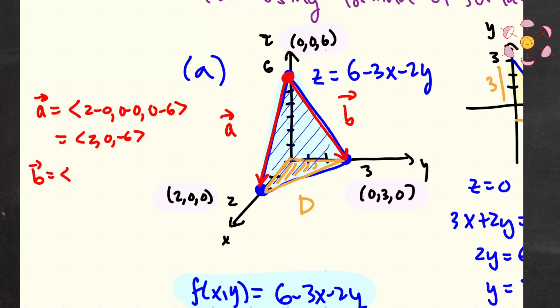The vector B is take the point 0, 3, 0, and then subtract 0, 0, 6. Of course, vectorized. 0 minus 0, 3 minus 0, and then 0 minus 6 gives me the vector 0, 3, negative 6. All right, let's calculate the cross product of these vectors.